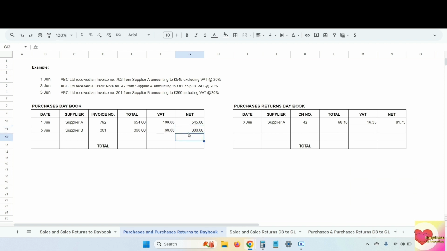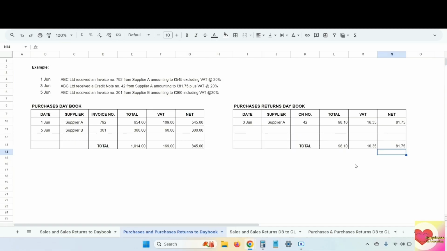Double check by adding VAT and net amount and you should get the total amount. At the end of the period, each column should be totaled and the total should be transferred to general ledger and subsidiary ledger. I have totaled all the columns, and again you have to double check your computation by adding the VAT and the net amount. It should be equal to the total amount.